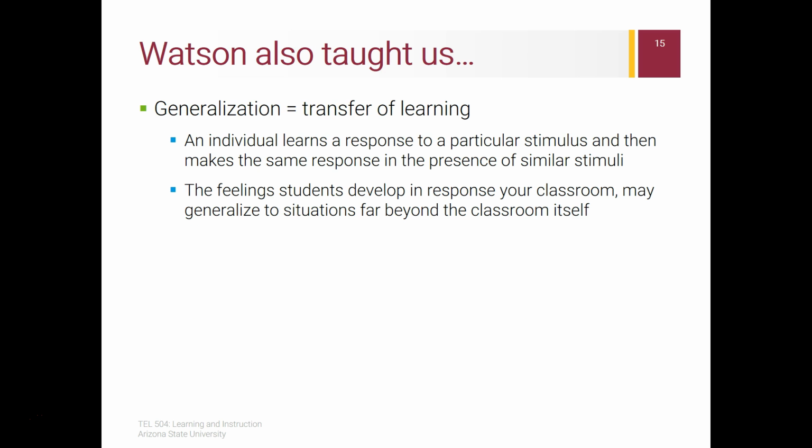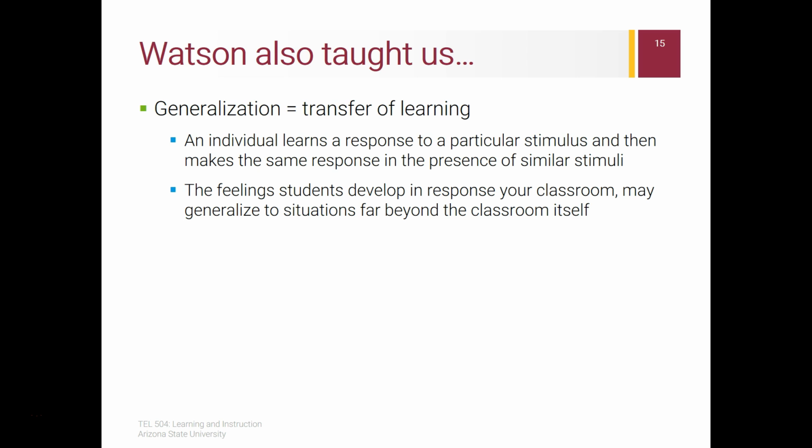Watson also taught us that classically conditioned behaviors can generalize or transfer. An individual learns a response to a particular stimulus, like Albert learned to fear white rats, and then makes the same response in the presence of similar stimuli. Albert was also fearful of white Santa Claus beards simply because the items, the rat and the Santa Claus beard, looked the same to him.